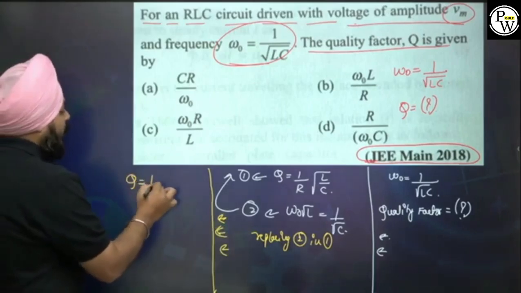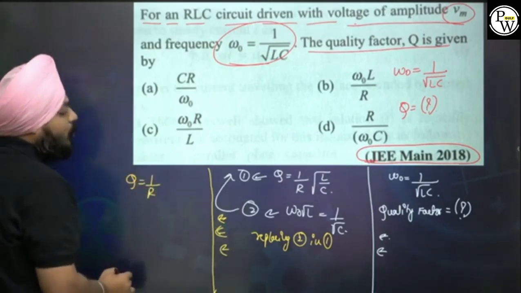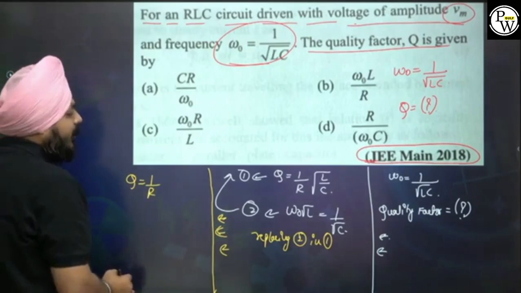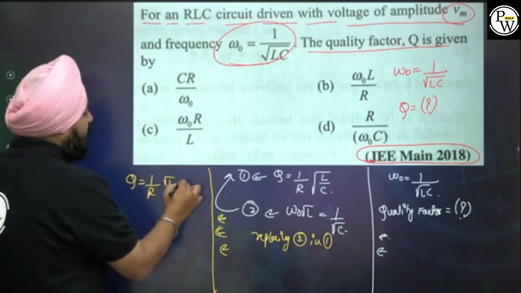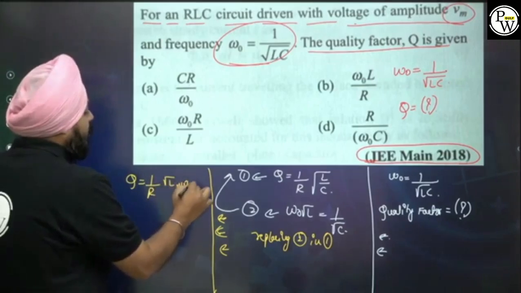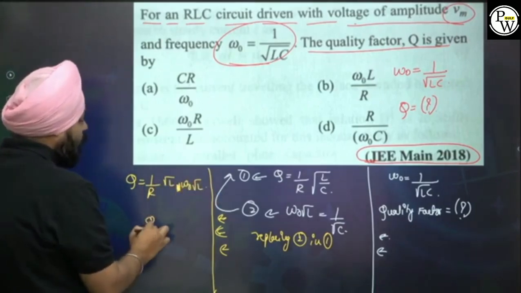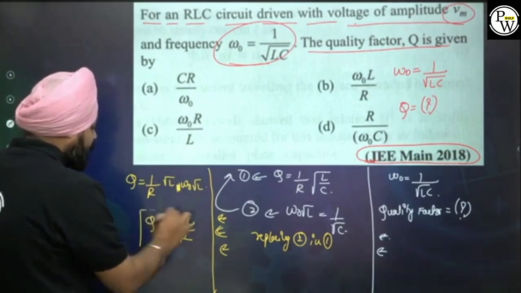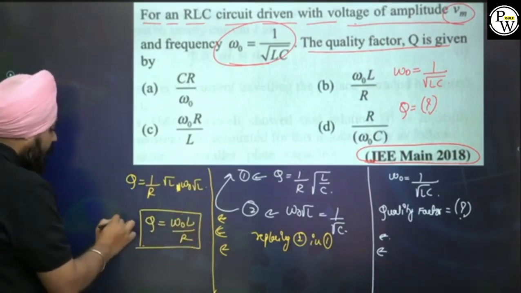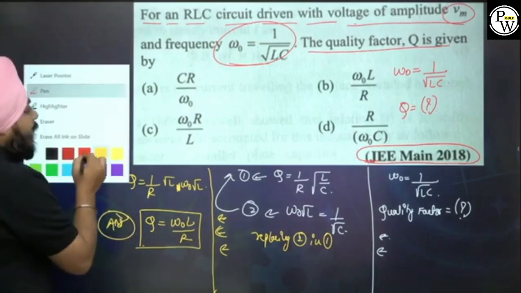Q is equal to 1 by R under root of L by C. So I am replacing 1 by under root of C with omega naught under root of L. The quality factor is going to come out as omega naught L by R.